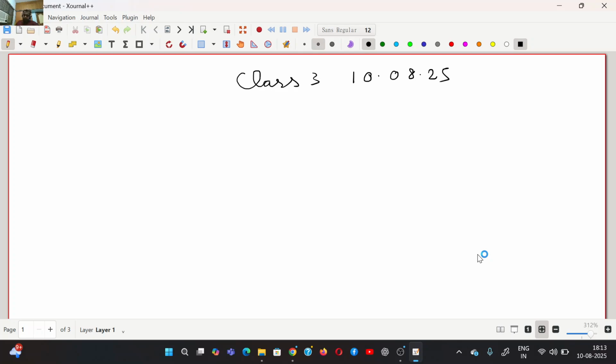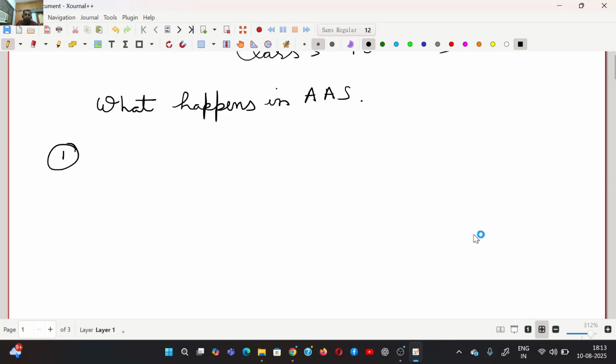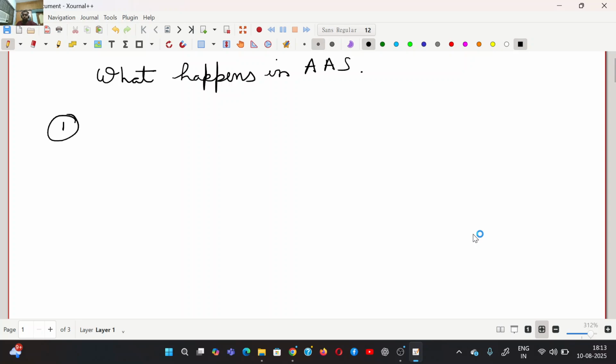So today first we'll look at what happens inside an AAS, and what the components inside it are. I'll first write down all the notes and then we will go point by point, okay? So just bear with me.